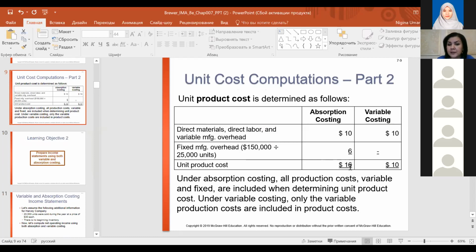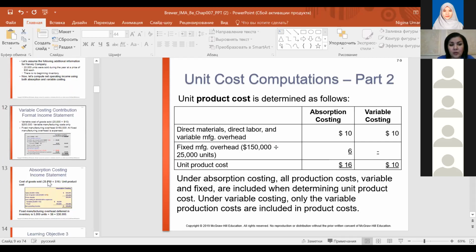Why is it 16? Because in unit product cost, we included fixed manufacturing overhead per unit of $6. So that's why unit product cost under absorption costing is higher than under variable costing.